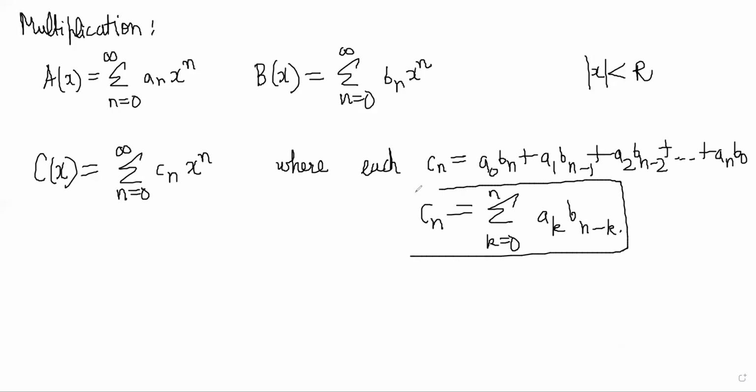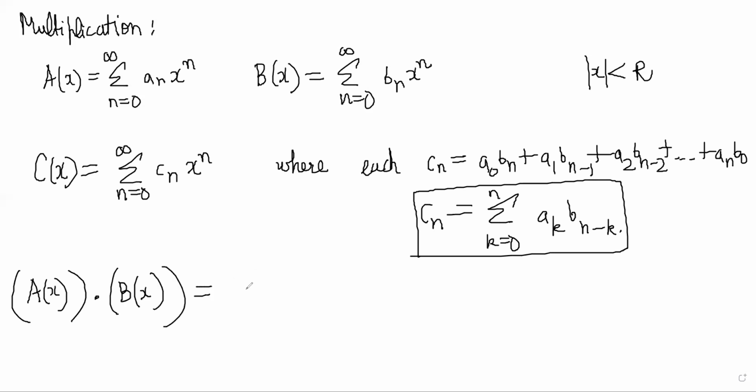So what is all this? This is fairly simple actually. A of x, you are taking one power series multiplying by another power series, and you are getting a new series which is the product series. And the rule here is the typical normal multiplication rule, right?